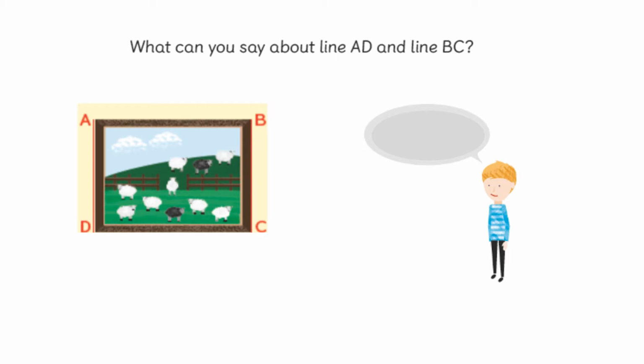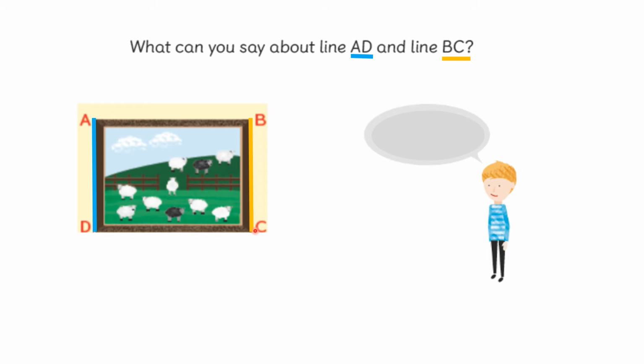Good job! Because we aren't together in school, I've had to ask my friends from Maths No Problem to help me. We're going to start by describing line AD, which is this blue one here, and line BC, which is this orange one here.